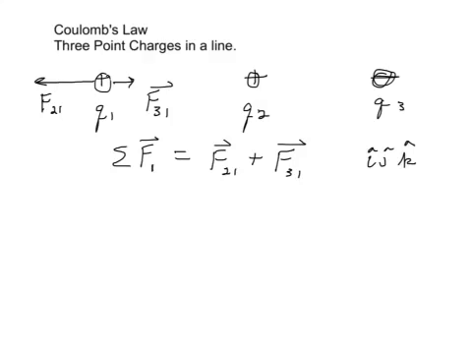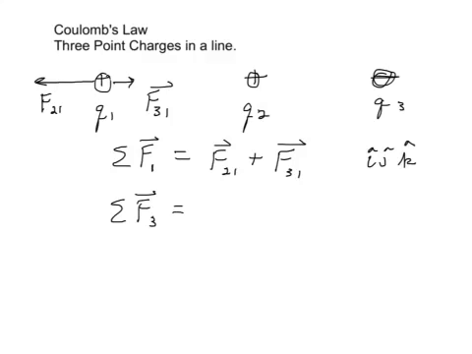Now, we could do the same thing for any of the other charges, right? Let's just try that. If we look at Q3, then both Q1 and Q2 are attracting it. So if the question is, what is the net force on 3, it's going to be the sum of 2 forces.